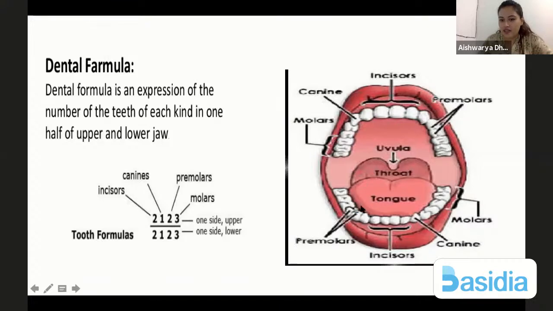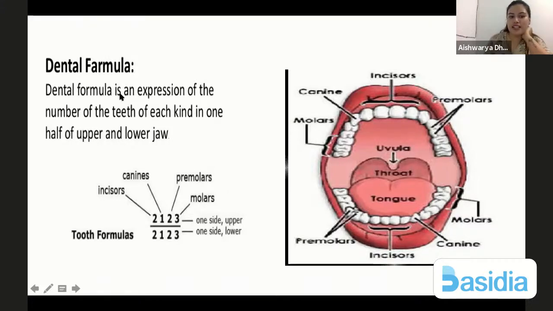We have canines, 4 canines. We have premolars, and then we have molars. Now, there is a dental formula that has been formulated to find out the number of teeth present in humans basically.